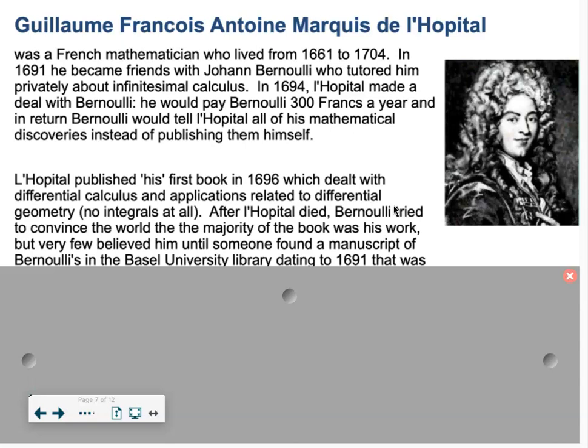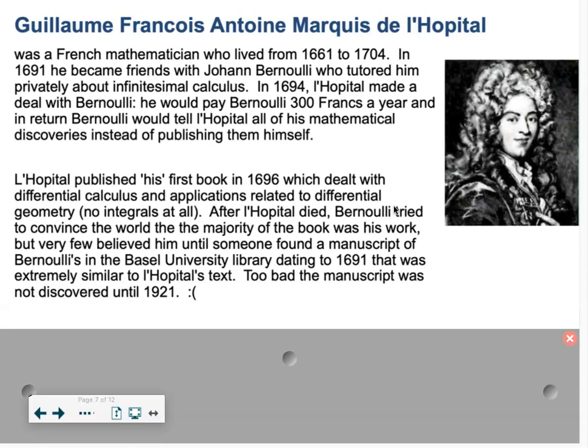And it's Bernoulli's, right? So all of a sudden people are like, whoa, you really did come up with this stuff, right? Except that manuscript was not found until 1921. So they were all dead, right? So really technically L'Hopital's Rule should be called Bernoulli's Rule, but it's not. It was named after L'Hopital, and that's the way it goes, right?